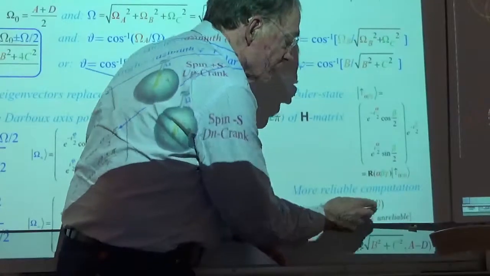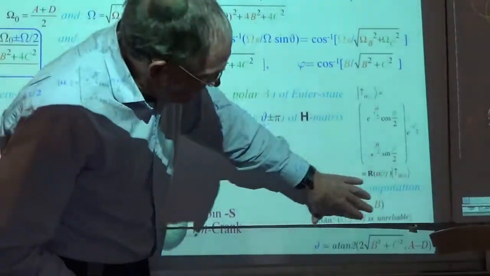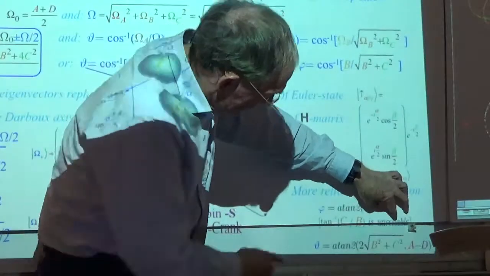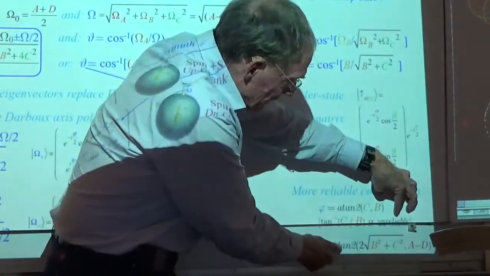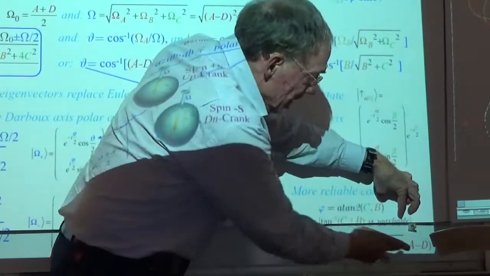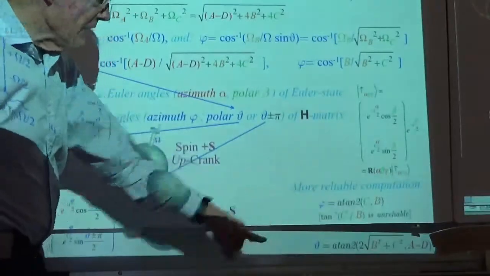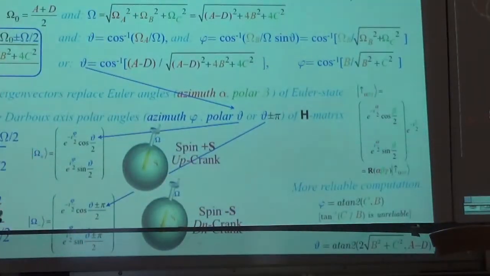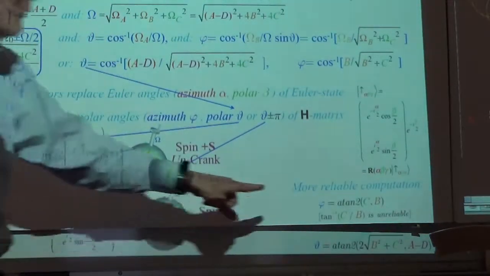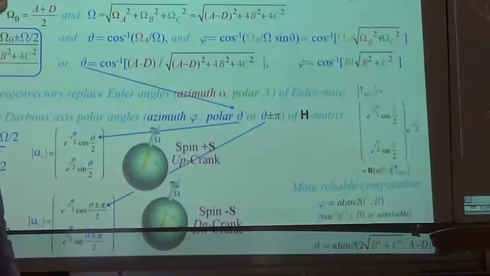This makes sure that you know what quadrant you're in the complex sense. Okay? And the same thing with theta. It's an atan2 of this hypotenuse, comma, a minus d. So when you write a program, that's the thing you should use. You won't go wrong, provided your atan2 is working in whatever system you're involved.